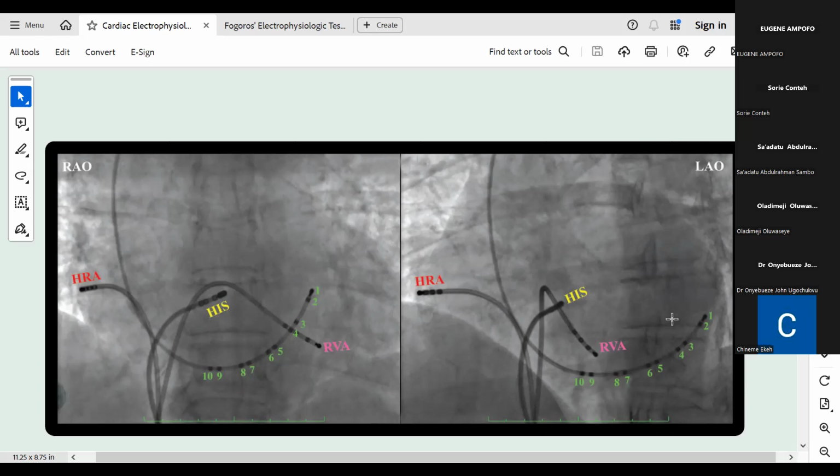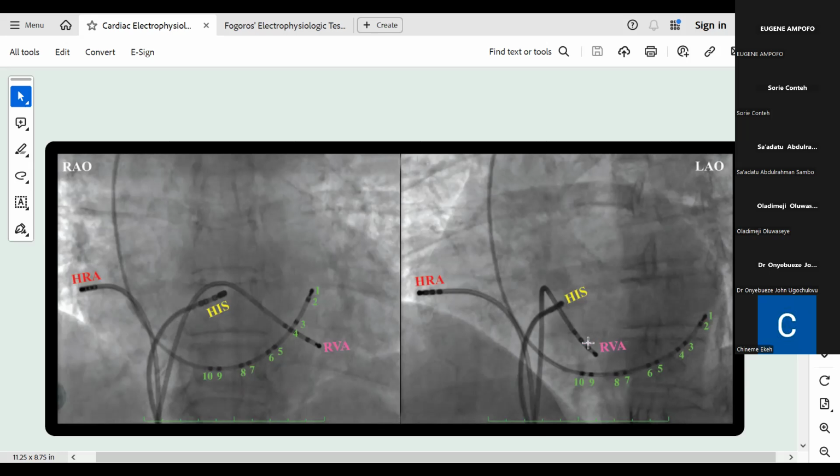Number two is that for you to be sure you're in the CS, you must go LAO and your catheter or your lead, whatever you're doing in the CS, must cross the spine. So that's the importance of first LAO.